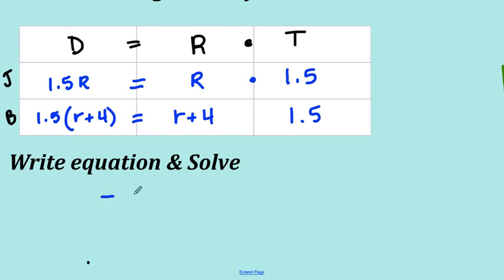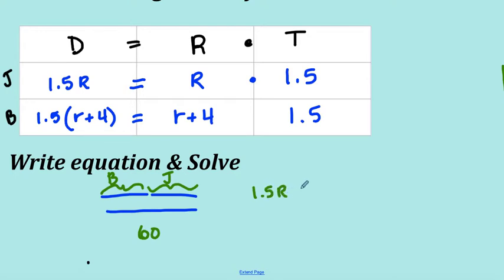So remember that picture was Brent's distance and Jane's distance had to add to 60. So the sum of these two parts has to equal 60. And so we know that this is Brent's distance and this is Jane's distance. So my equation is going to be 1.5 r plus 1.5 times r plus 4 has to equal 60.